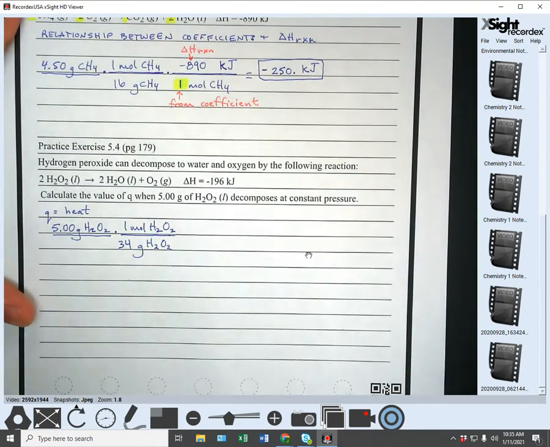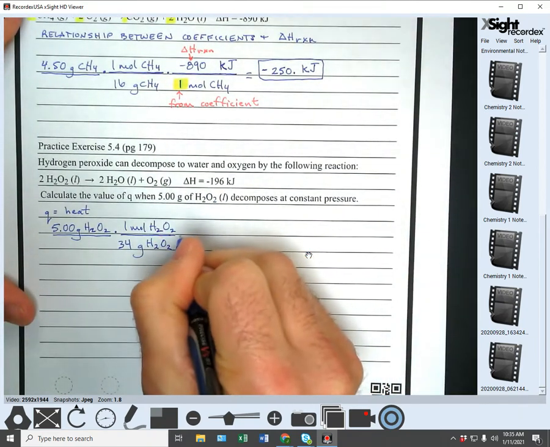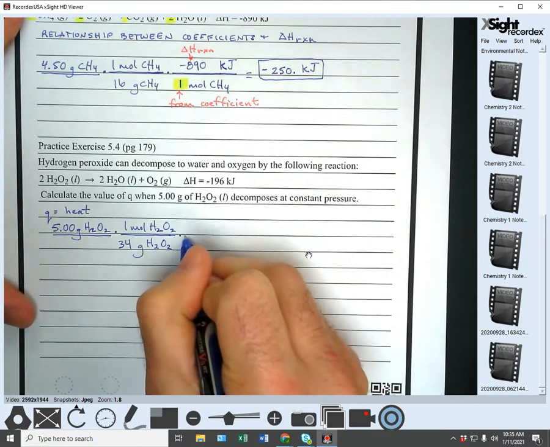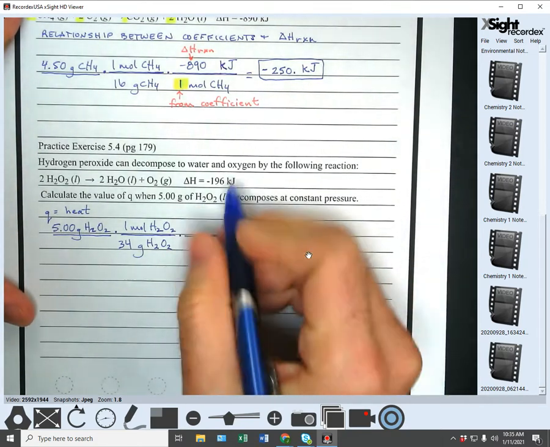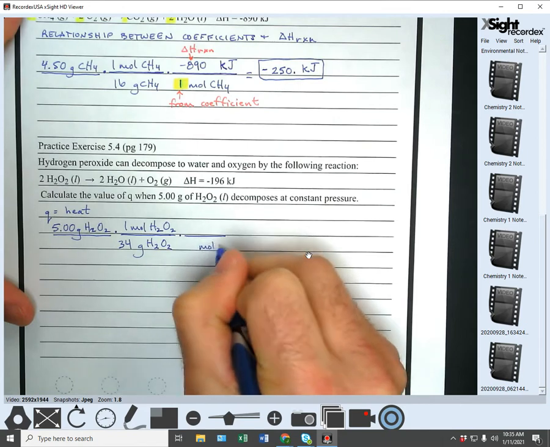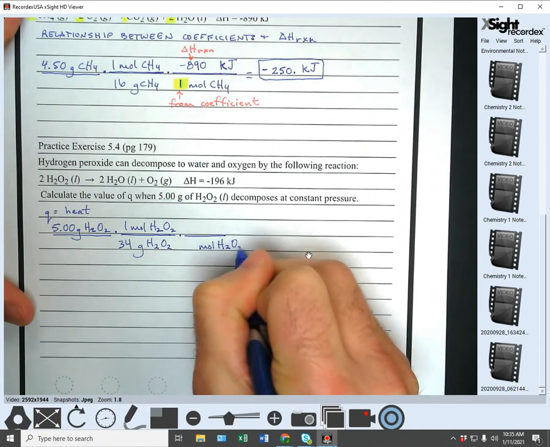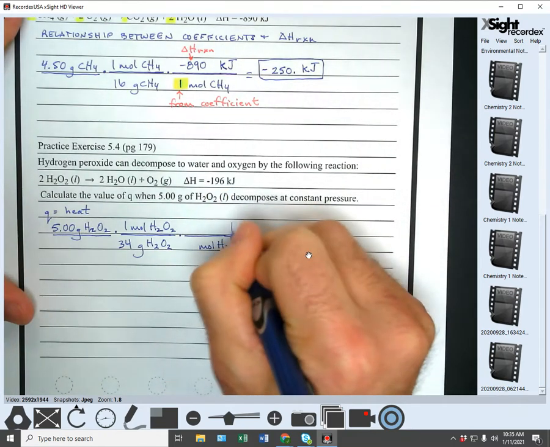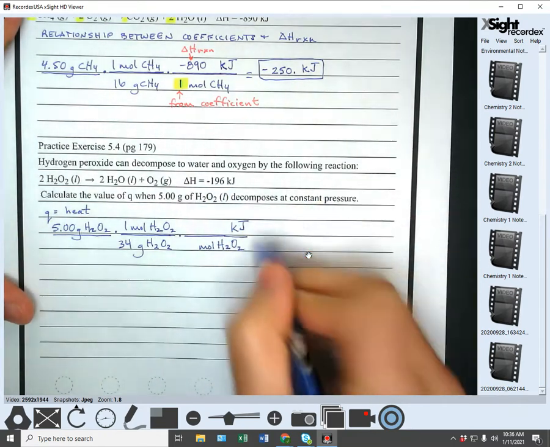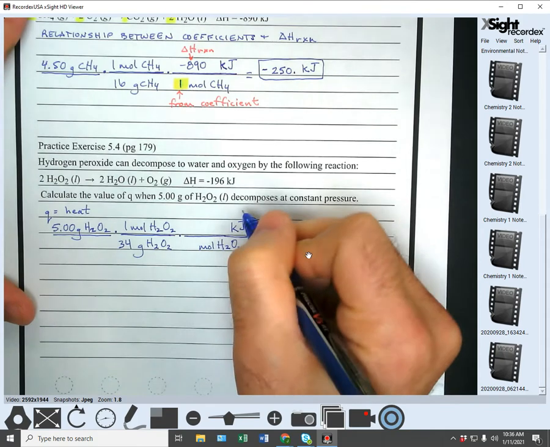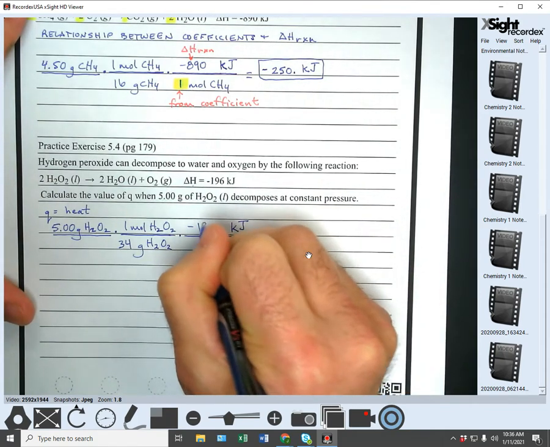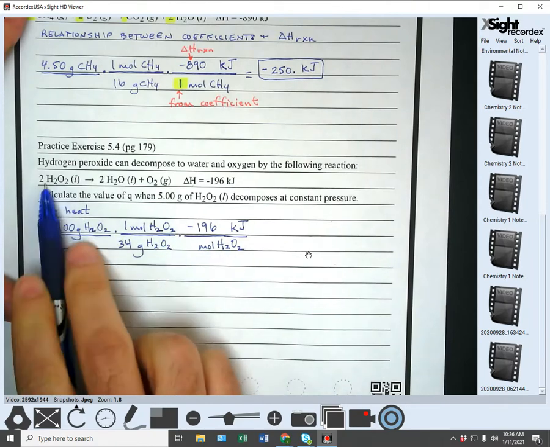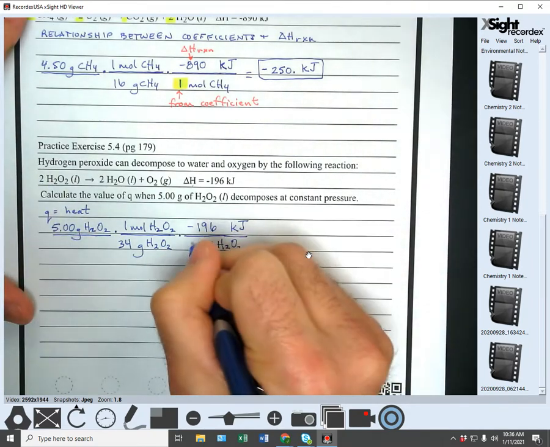Then we're going to go from moles H2O2 into kilojoules. And the kilojoule number from here is negative 196, and our moles of H2O2 in front of that as a coefficient is a 2.